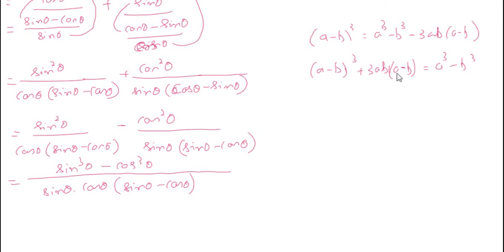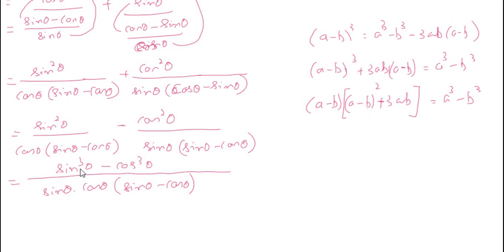Here in these two terms a minus b is common, so we will take a minus b outside, into what is left: a minus b whole square plus 3ab, that is equal to a cube minus b cube. So a cube minus b cube equals a minus b into a minus b whole square plus 3ab.